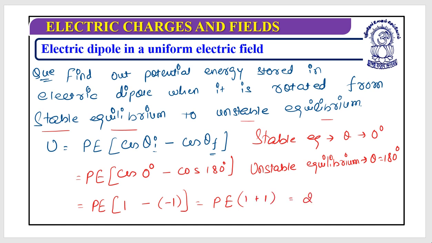So this is twice PE. Clear? Got it? Any doubt? No? Very good. Well done. So let's move to the next numerical.